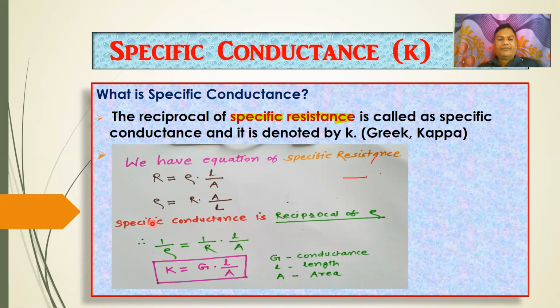So we take the reciprocal, 1 by rho, which equals 1 by R into L by A. In this way K is equal to G into L by A. What is G? It is the reciprocal of resistance, that is conductance. L is the length and A is the area of cross section of the conductor. So that is the definition of specific conductance.